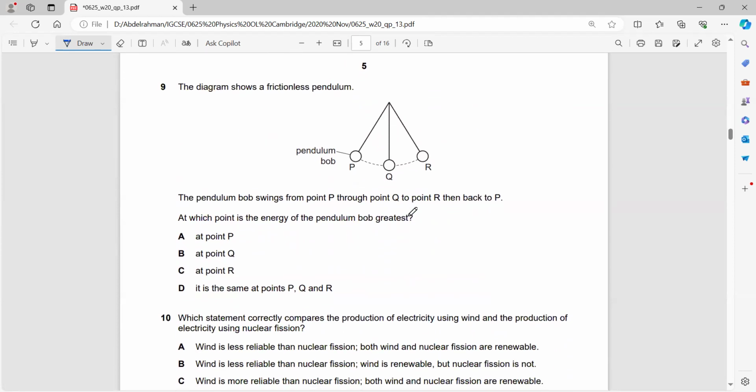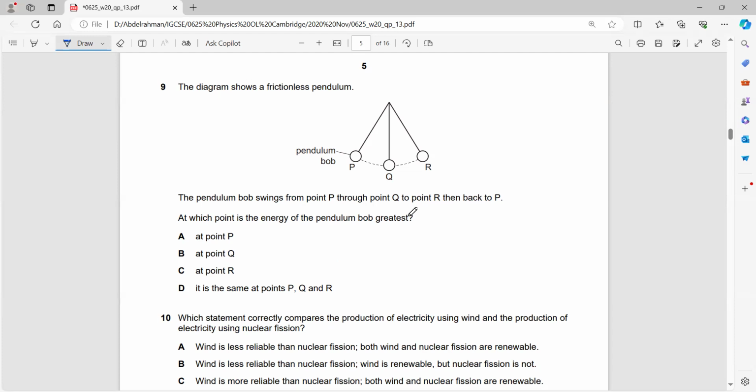The diagram shows a frictionless pendulum. The pendulum bob swings from point P through point Q to R and then back to P. At which point is the energy of the pendulum bob the greatest?